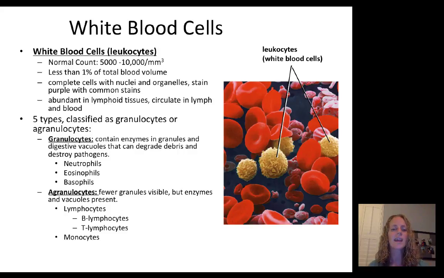The granulocytes are neutrophils, eosinophils, and basophils. The agranulocytes look less grainy. They have fewer granules visible when they're stained, but they may have enzymes and vacuoles present. The agranulocytes are lymphocytes and monocytes.